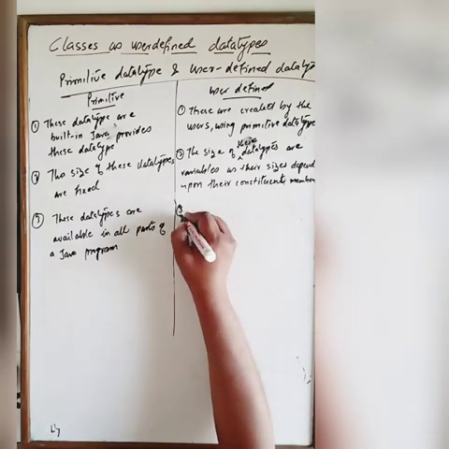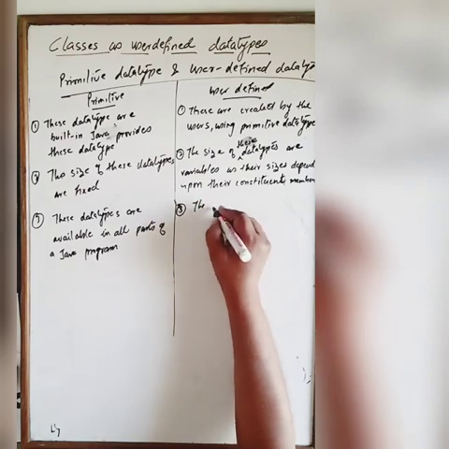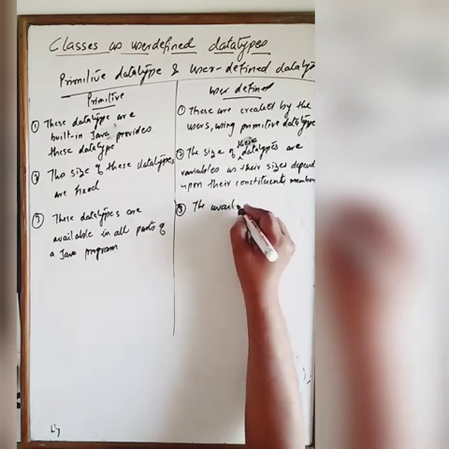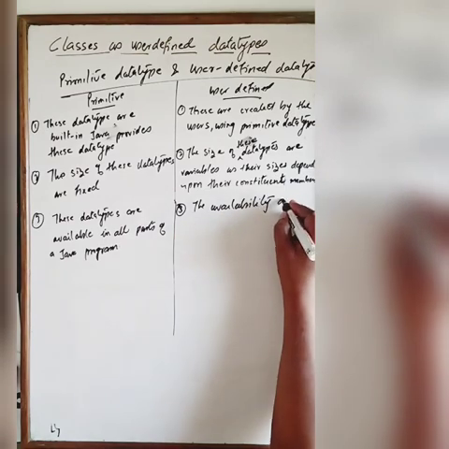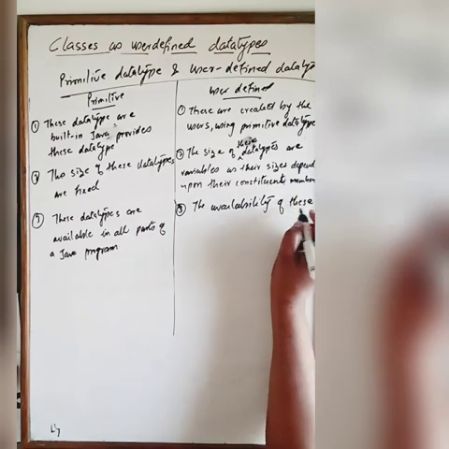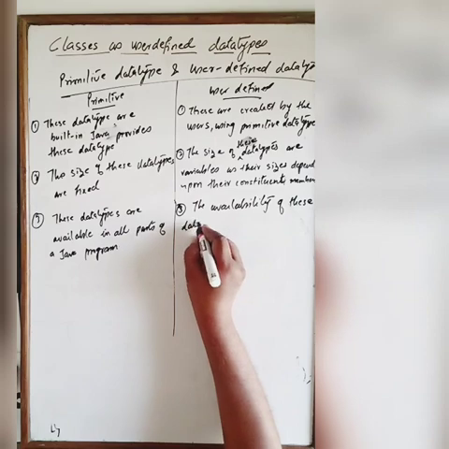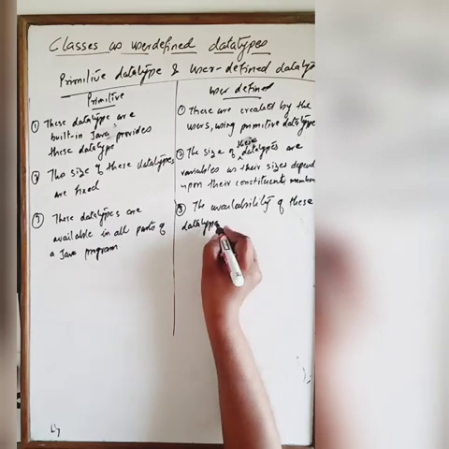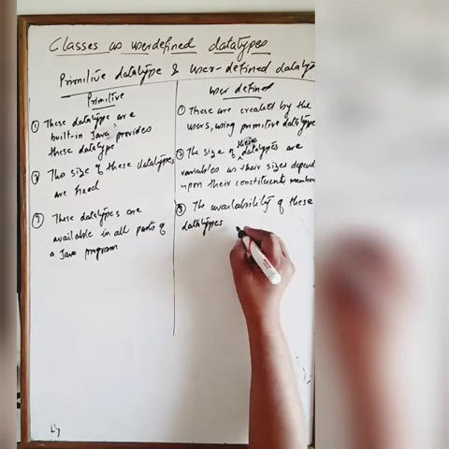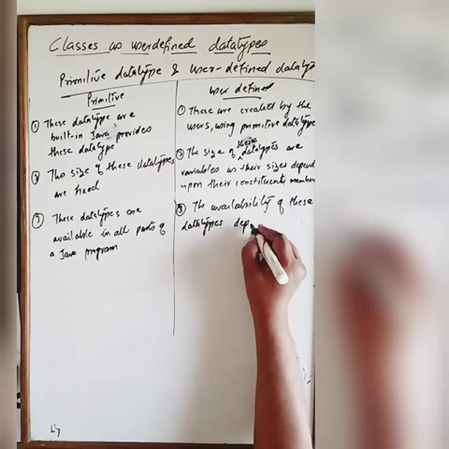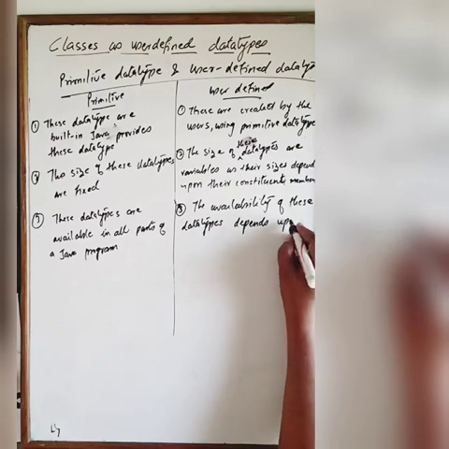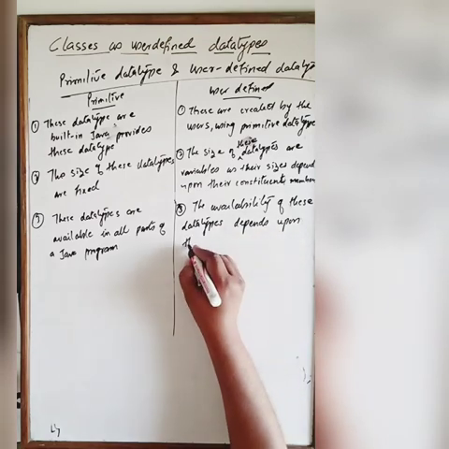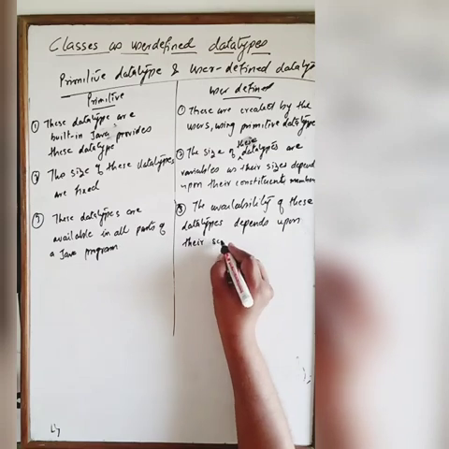And the third point in this, availability. The availability of these data types depends upon their scope.